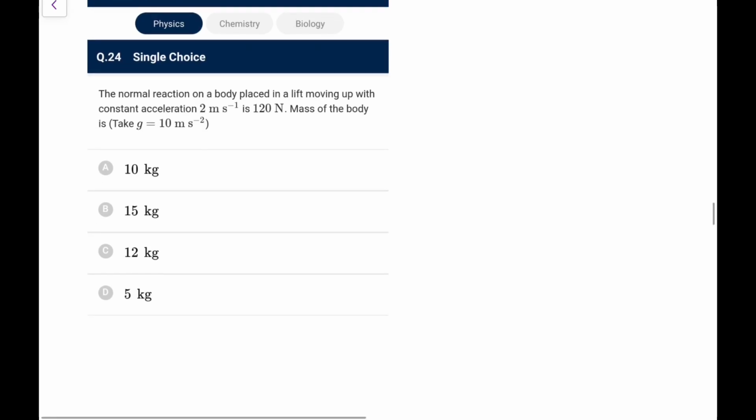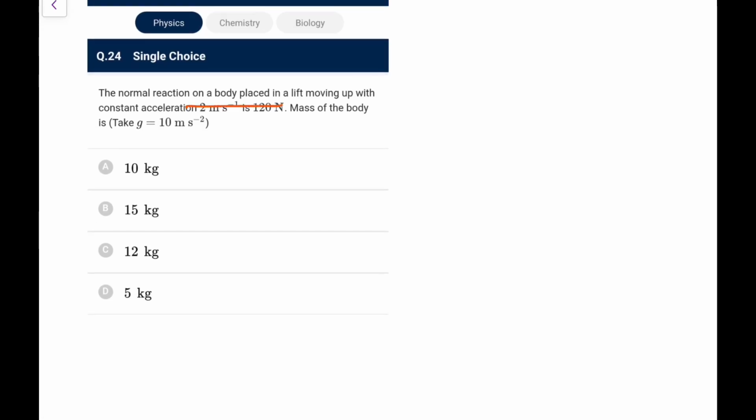Next one, the normal reaction on a body placed in a lift moving up with constant acceleration 2 meter per second square is, okay, so because it is going up, as I told you here, if you see from the lift, the pseudo force will change. So let me place it like this.